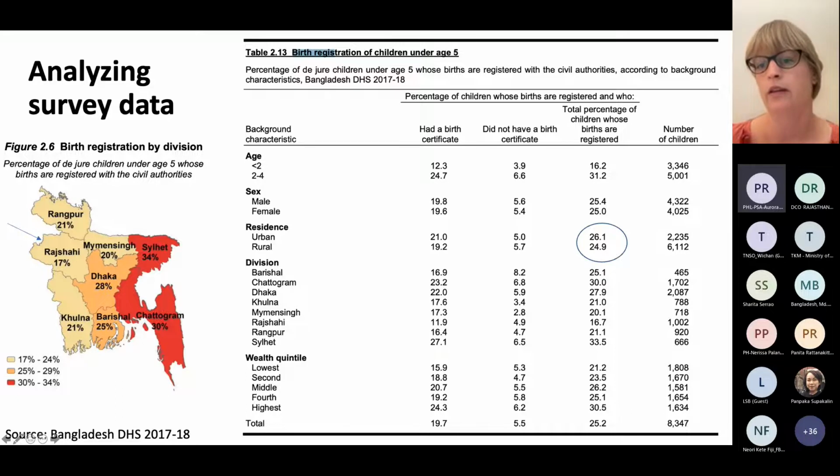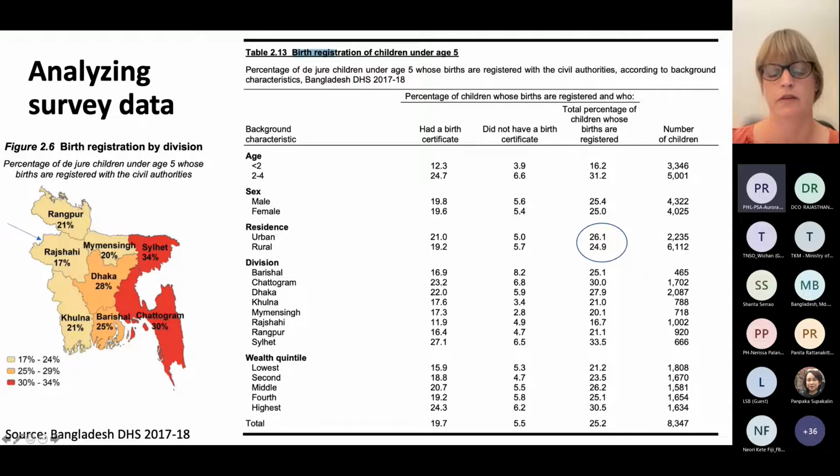So it looks like there isn't really a difference by sex. But what I found interesting is there wasn't really a difference between urban and rural. So urban is 26%, rural was about 25%. They're very, very close, which is interesting because that tells me that it's not necessarily that people are living in remote areas without access. Maybe people in urban areas don't have access as well, or maybe something else is going on.